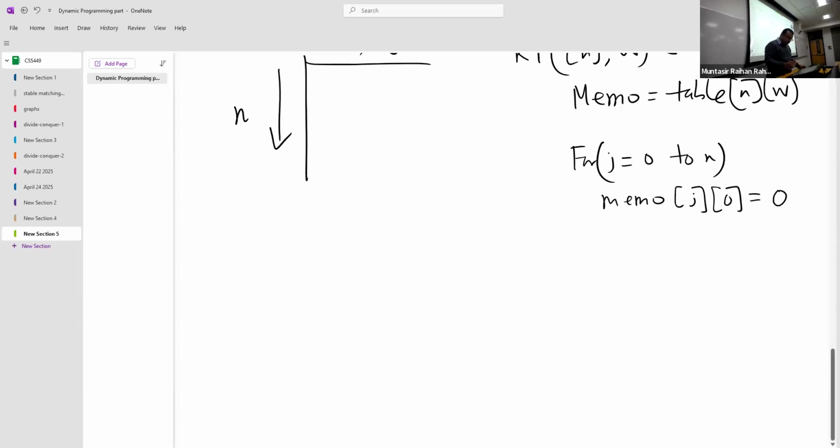And then the other base case is, for k, memo 0 and k. This says that if I don't pick any item and I have weight k remaining, then the value again is 0.